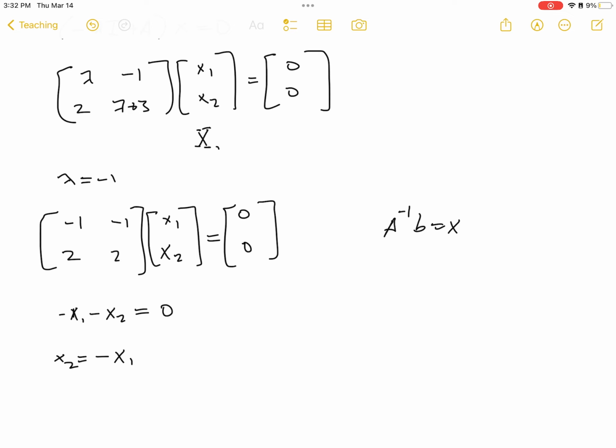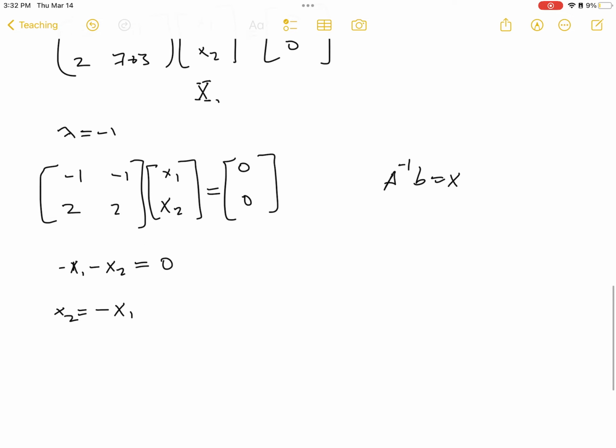You'll get them relative to each other. And so in this case, we need to pick. So for this capital X1, we'll say that x1 is equal to 1. We get to pick that. And x2 is equal to minus x1, so it's minus 1.